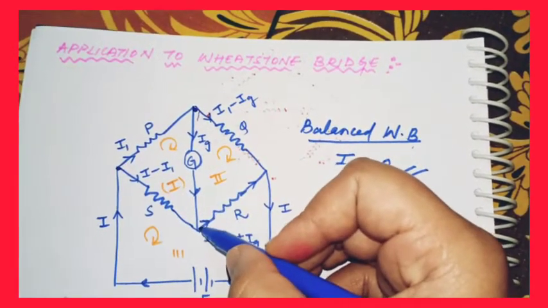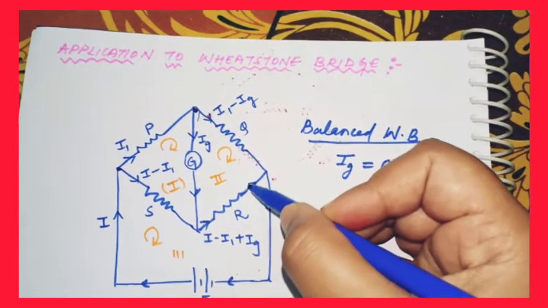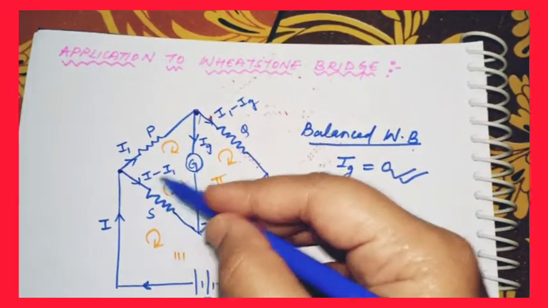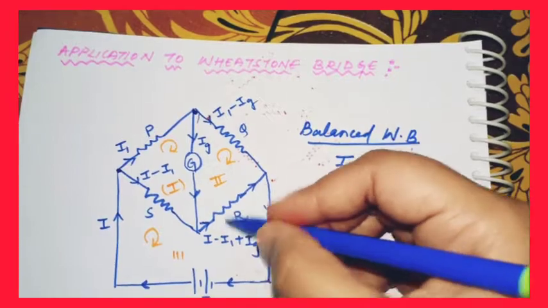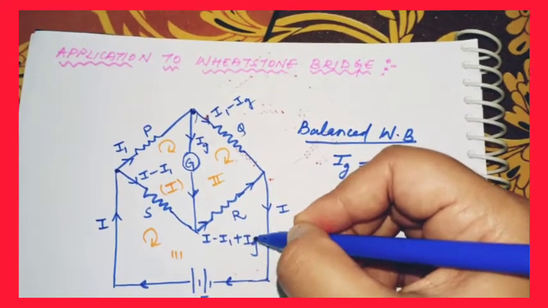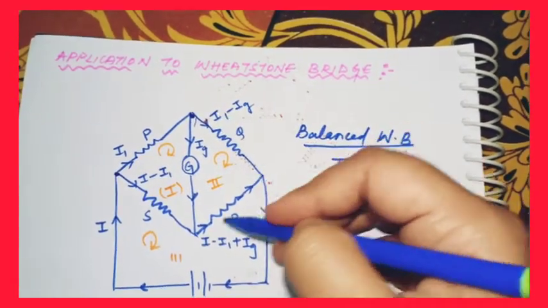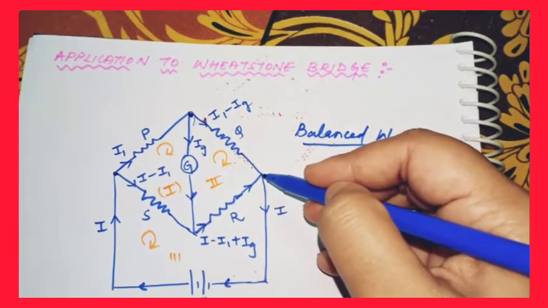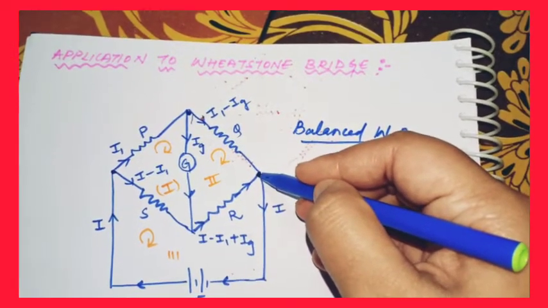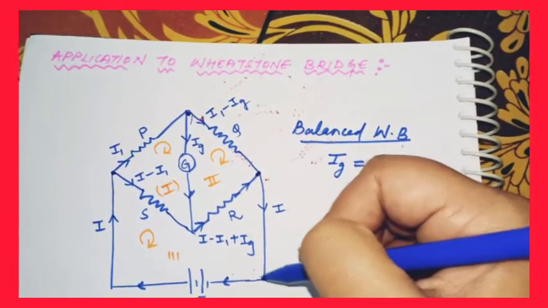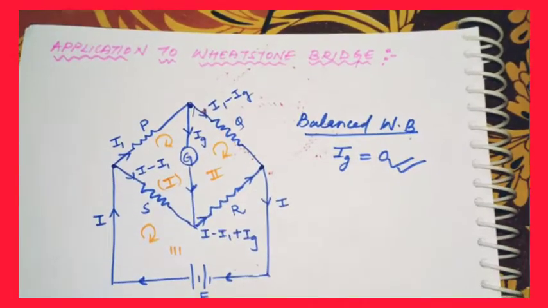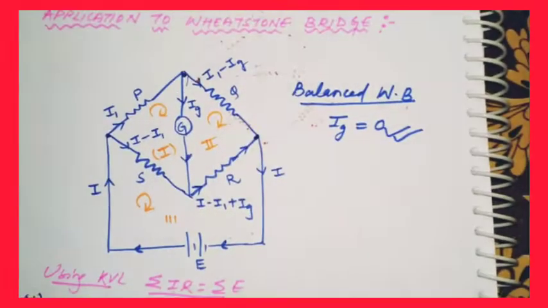So the current flowing through this resistance R will be I minus I1 plus Ig. So I have written I minus I1 plus Ig. So this current and this current, again they will meet at this junction and form again I and flow to the battery or the cell that is connected to the Wheatstone bridge.